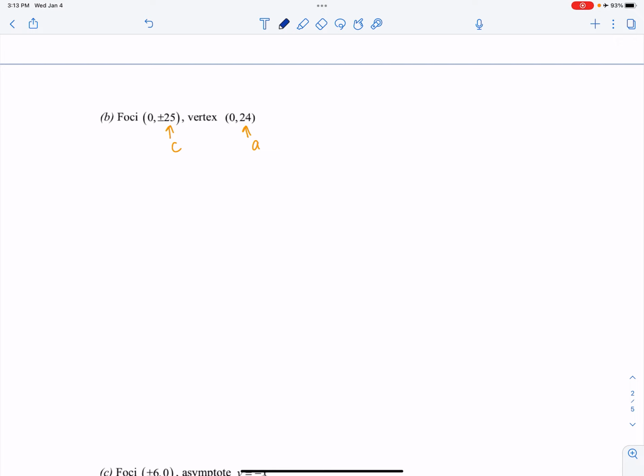So our general equation is y squared over a squared minus x squared over b squared equals 1. We have a and c, so let's find b. b squared equals c squared minus a squared, which is 25 squared minus 24 squared, which is going to give us 49.